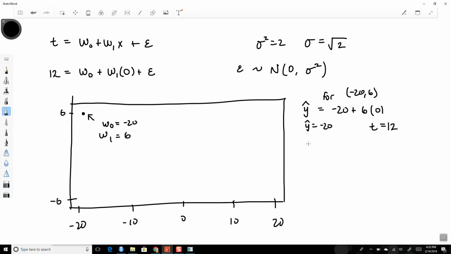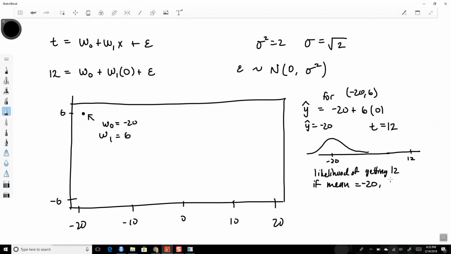And we say, okay, if the mean is -20, what's the probability I end up at 12? This is the likelihood of getting 12 if the mean equals -20, and I guess the standard deviation equals square root of 2, right?